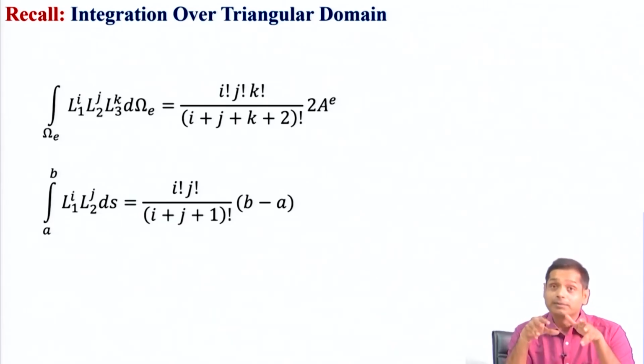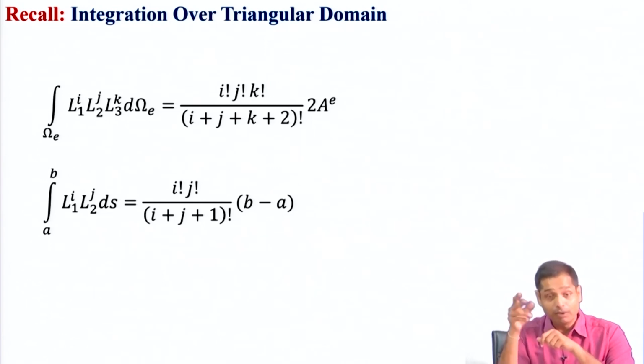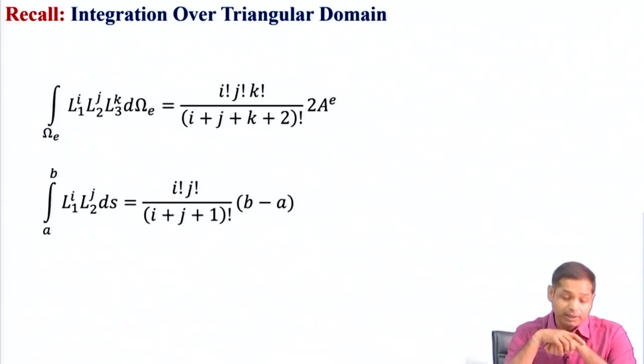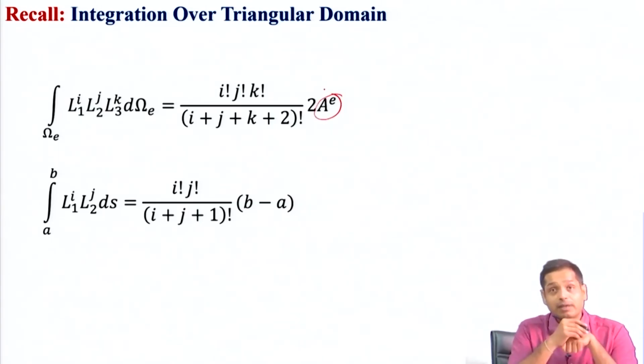If you recall this expression, we had seen a similar expression during the lecture on the Gauss quadrature technique, right? L1, L2, L3 are the area coordinates, and I, J, K are the powers. So this gives you a particular monomial in a polynomial expression, where 2AE, AE is the area of the triangle.